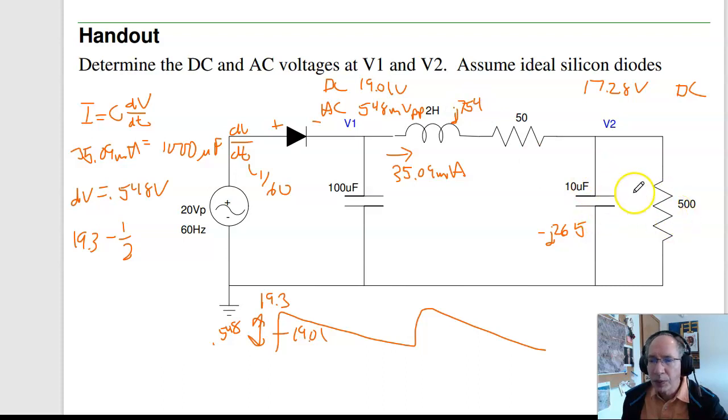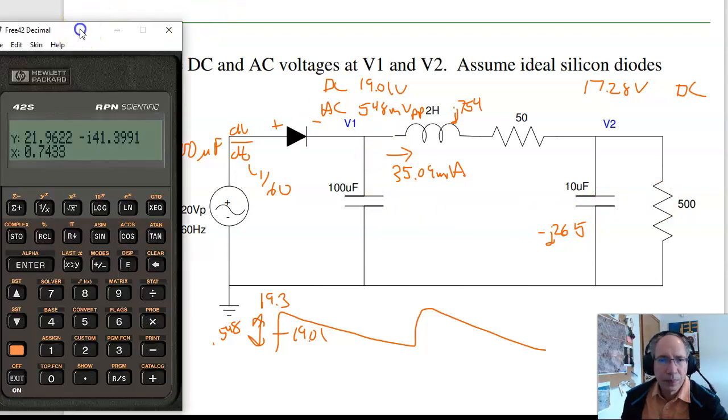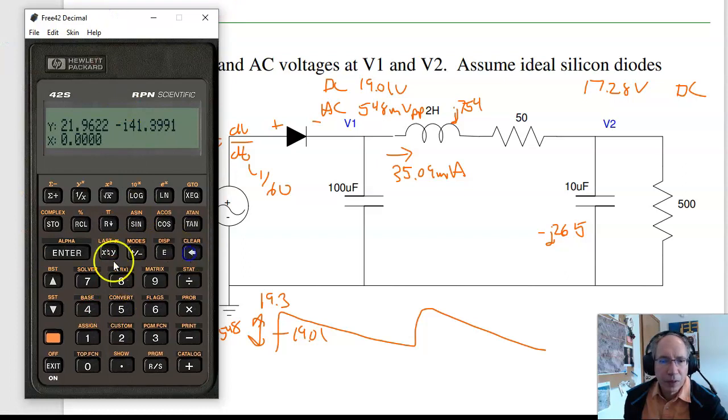Put these two in parallel. 500 ohms in parallel with minus J 265. Take that inverse, add the inverses. This is 109 minus J 206 ohms.